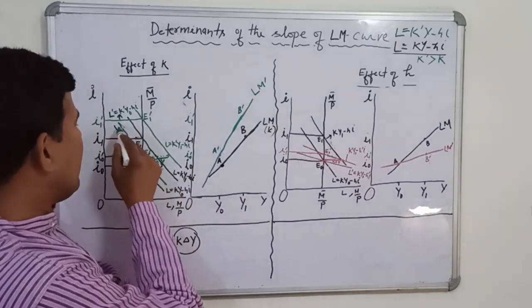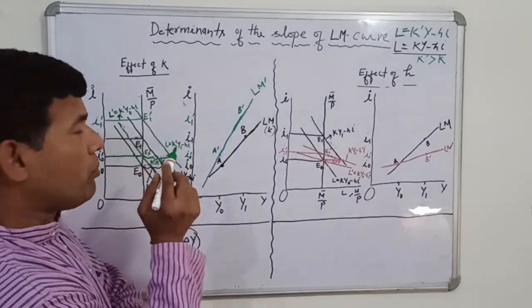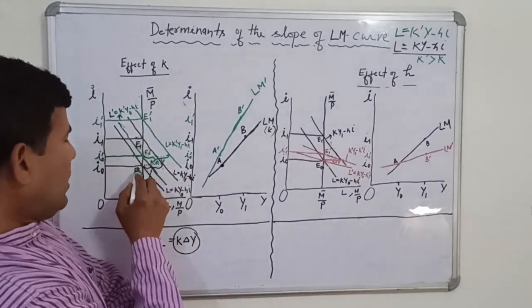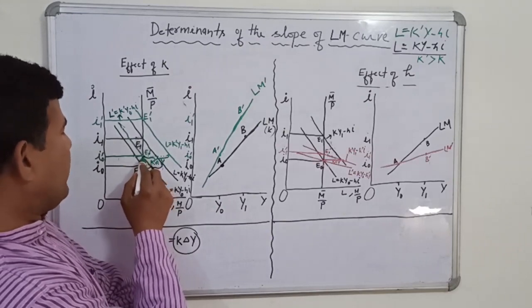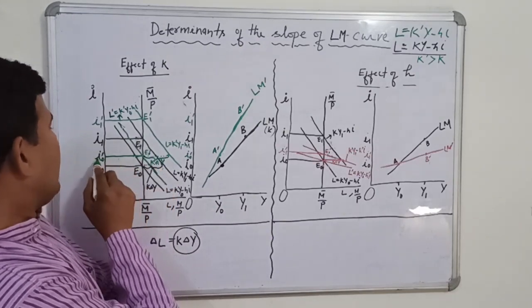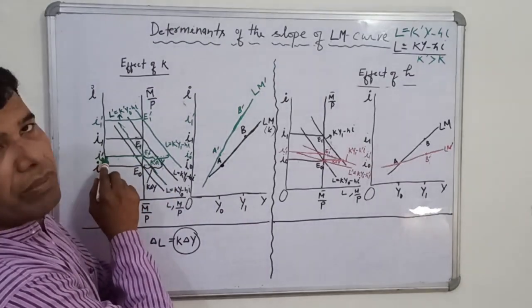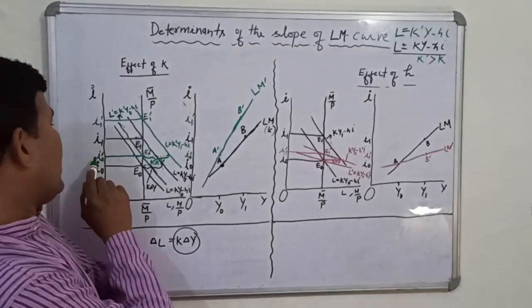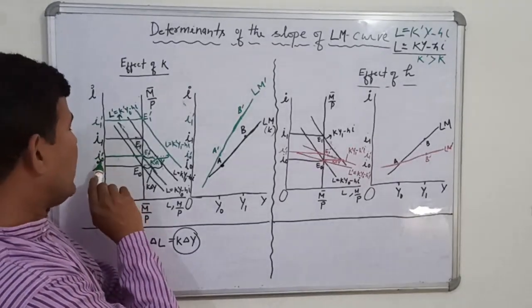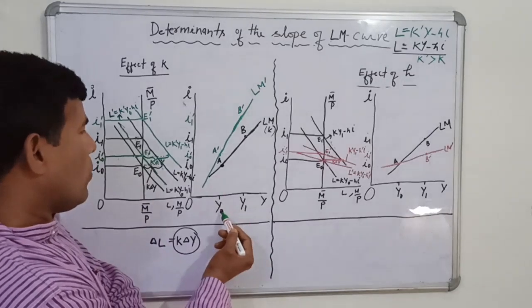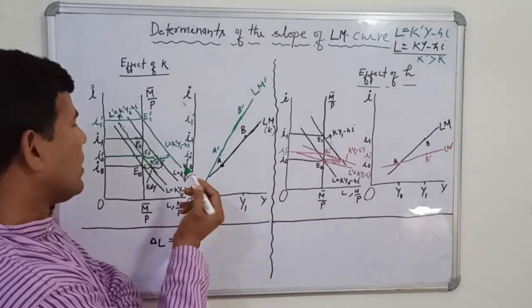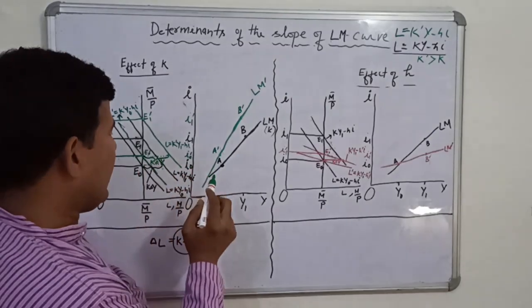Now this new money demand line gives us equilibrium point not at E0 but at E0 prime. At E0 prime you get I0 prime, the new equilibrium rate of interest. Now this I0 prime is corresponding to which level of income? Y0, right? So we get a new combination of interest and income.